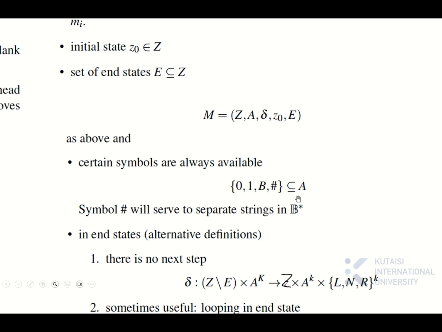So my alphabet, whatever else it contains, always contains 0, 1, B, and hashtag. We will basically only operate with zeros and ones. And hashtag is used just to separate things. So when I have 0110 hashtag 11000, I know that hashtag means there are basically 2 inputs on one tape. So this is for separation, and B represents blank symbols.